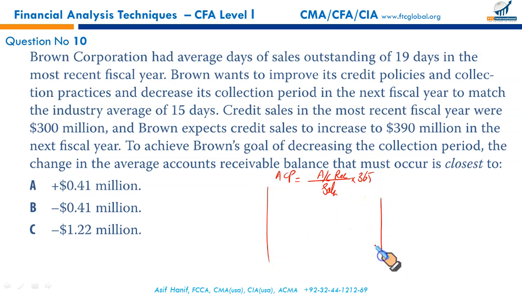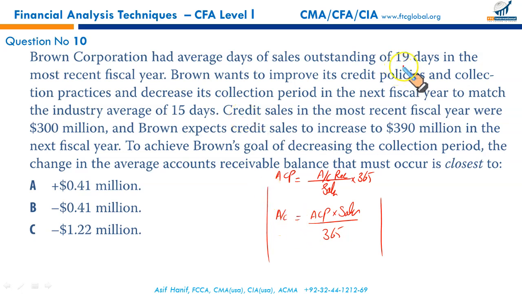Now, making account receivable the subject of this equation, account receivable is going to be average collection period multiplied by sales divided by 365. Using this formula, you can straight away calculate the average receivable balance.